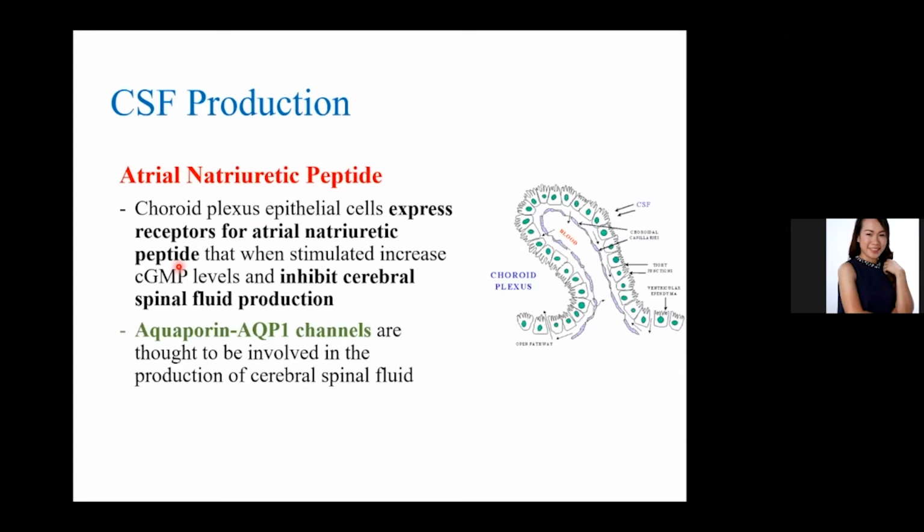And when these receptors are stimulated, they increase the cGMP, cyclic GMP levels, and they inhibit cerebrospinal fluid production. So take note, class, ANP, when its receptors are activated, does not stimulate the production of CSF. Rather, it inhibits the production of CSF. We also have what we call your aquaporin channels, or AQP1. They are thought to be involved in the production of cerebrospinal fluid.